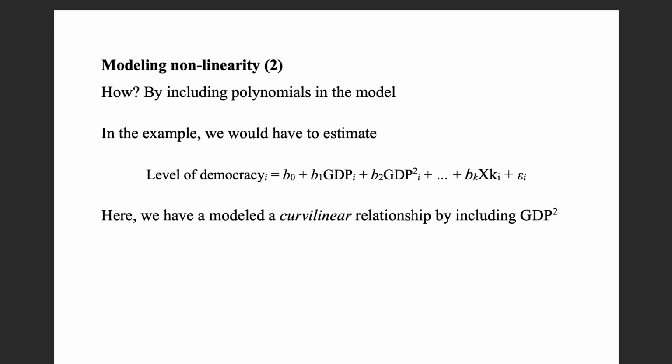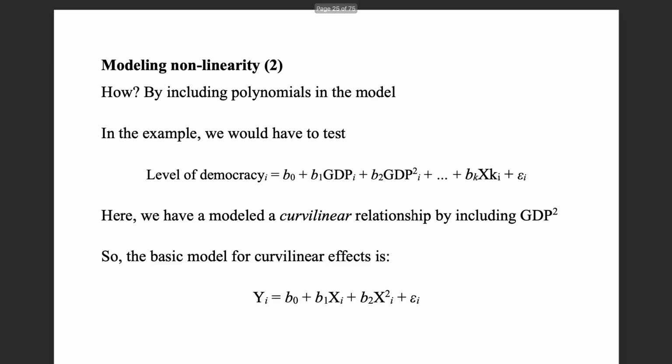So that means that we have now modeled a curvilinear relationship by including this polynomial for GDP. A curved relationship because, as you might remember from high school, taking something to the power of 2 in a linear function results in a parabola. So by including GDP squared, we are modeling a curvilinear relationship with GDP.